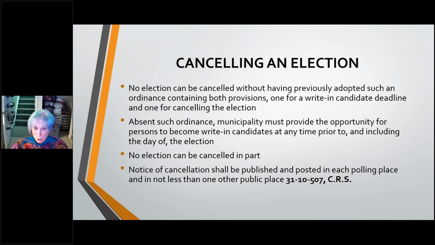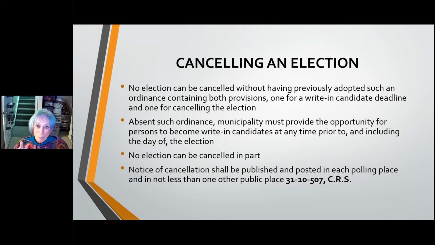Here's what that means. You've got candidates and you've got a ballot item. On the candidate side, you have either exactly the same number of people running as positions available, or fewer, but you still have this item on the ballot. You cannot remove the candidate portion from the ballot and only have people vote on the item, because you'd be canceling one part of the election but not the other.